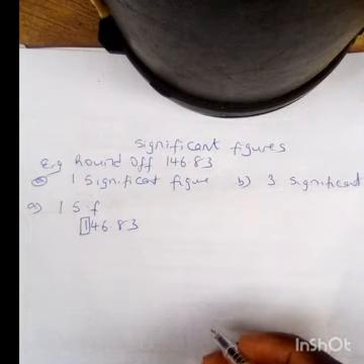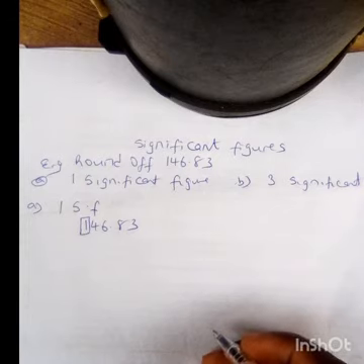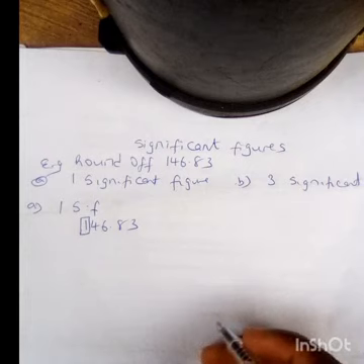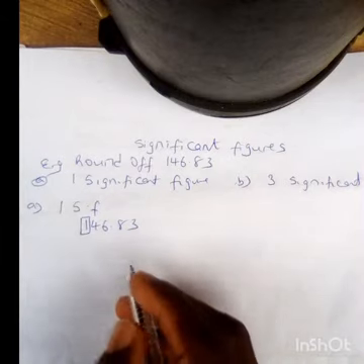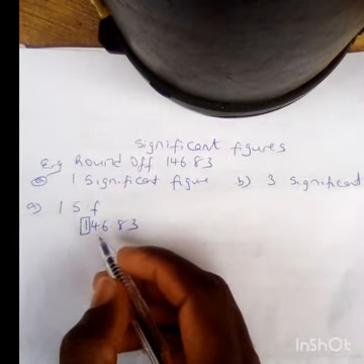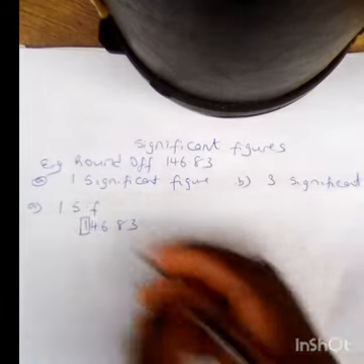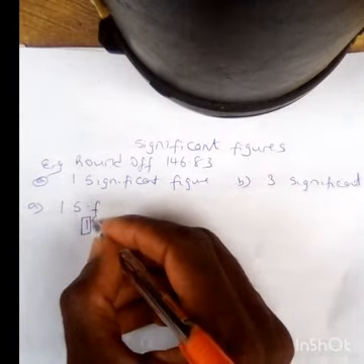In cases of questions that start with 1 and above, when they say round off to one significant figure, you focus your attention on the first number on that question, which here is 1. What will make 1 change is the number directly beside it, which in this question is 4.